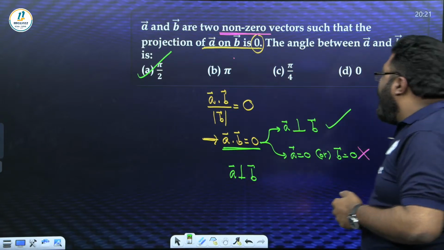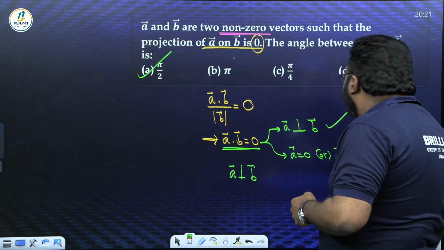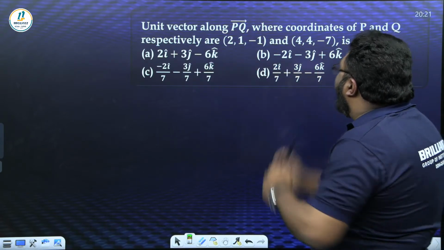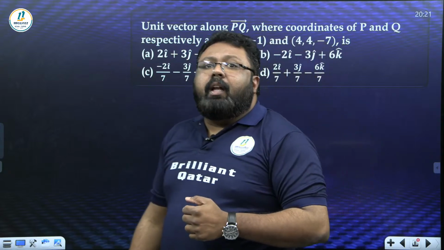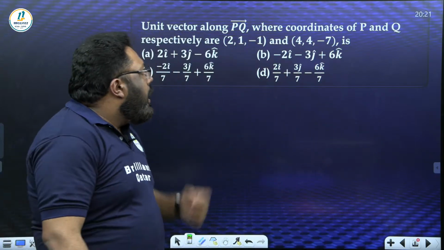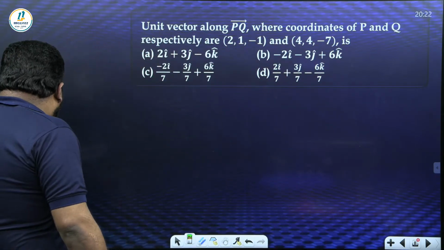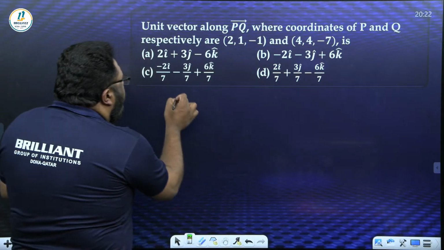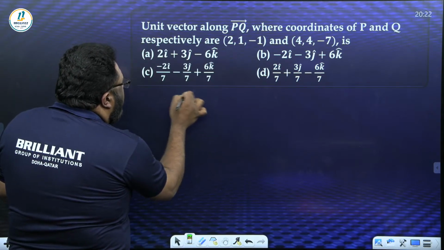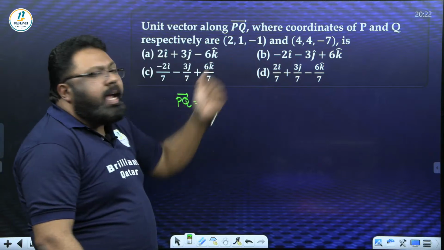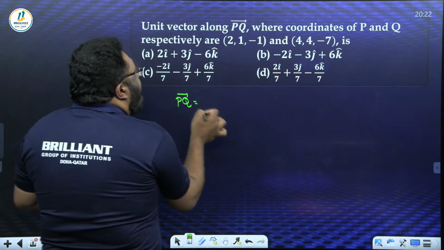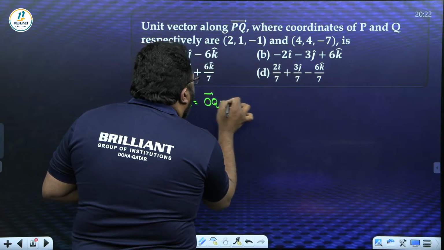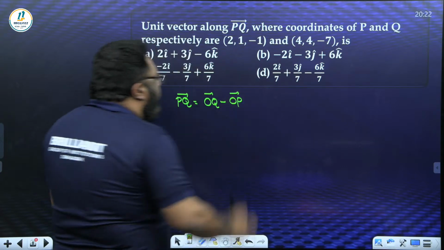Now moving on to the next question. Read it. Unit vector along the PQ vector, where P and Q are given in terms of coordinates. Can you please tell me how to find the PQ vector if I have the coordinates of P and Q? It's simply the position vector OQ minus OP.